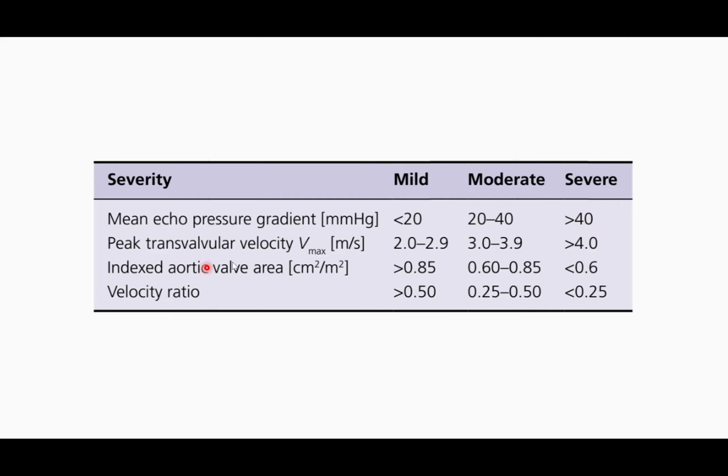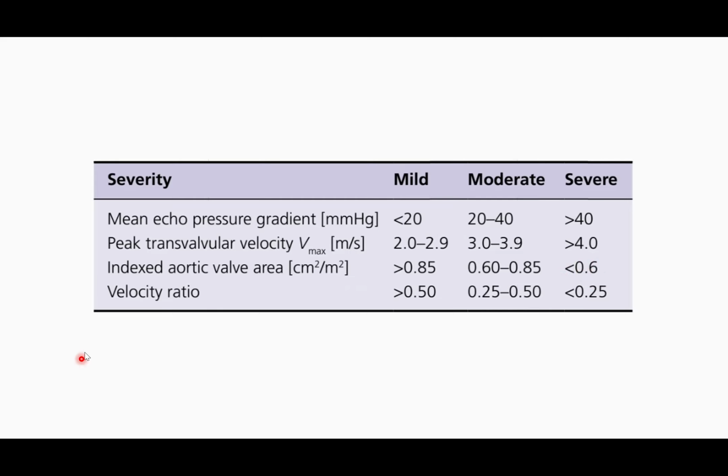Peak transvalvular velocity is more than 4 meters per second. Indexed aortic valve area is less than 0.6. Intraoperatively or practically, we measure the aortic valve area; if less than 1 centimeter squared it is considered severe. But more accurately, this measurement should be indexed. So an indexed aortic valve area less than 0.6 is severe.